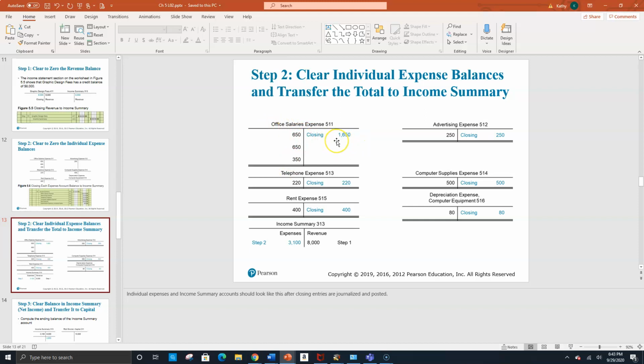You close out this balance to get the account to zero. Close out telephone expense to get the account to zero. Close out rent expense to get the account to zero. Close out advertising expense to get it to zero. Computer supplies, depreciation expense. And the debit, the sum of all those credits, goes to this expense account.